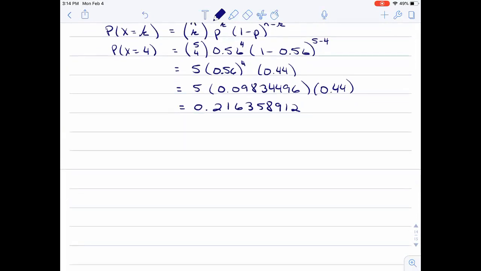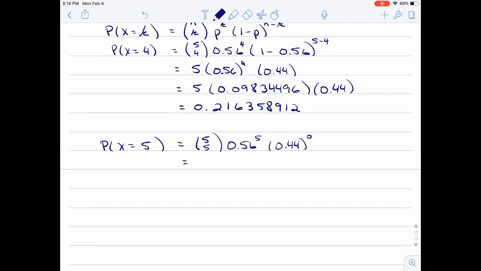Now, I'm going to find the probability that x is 5. Just jumping straight to the formula here. 5 choose 5 times 0.56 to the power of 5 times 0.44 to the power of 0. Anything to the power of 0 is 1. So I want to do 5 choose 5, which I already suspect is 1.